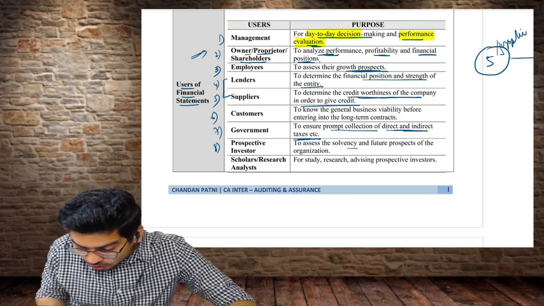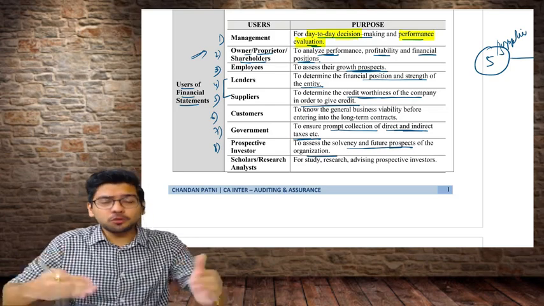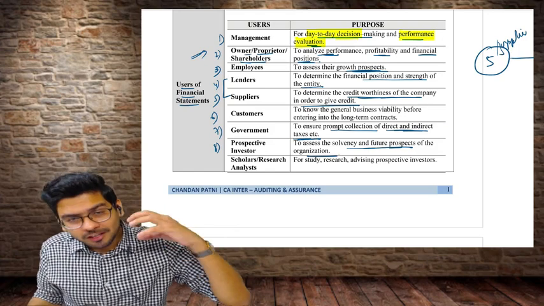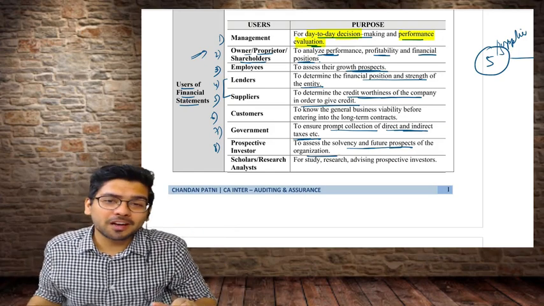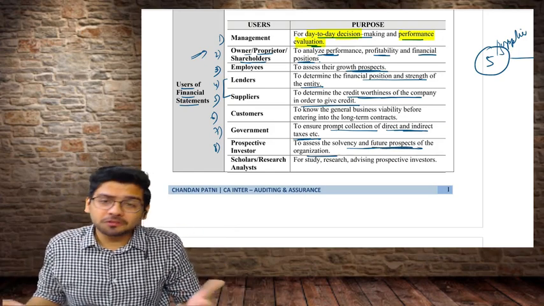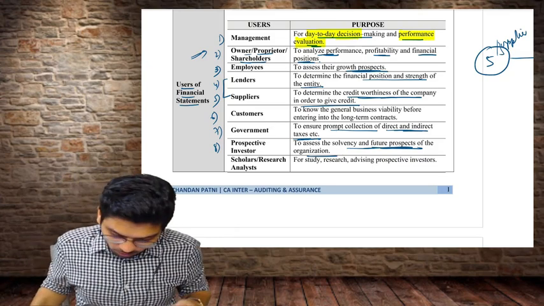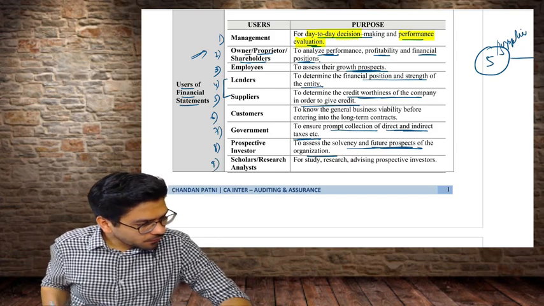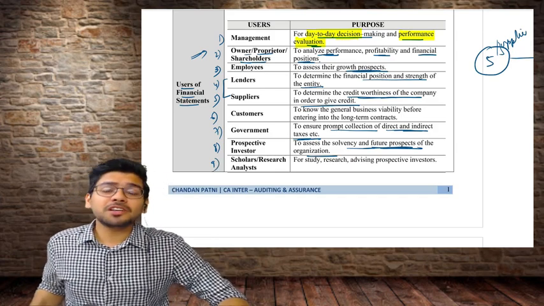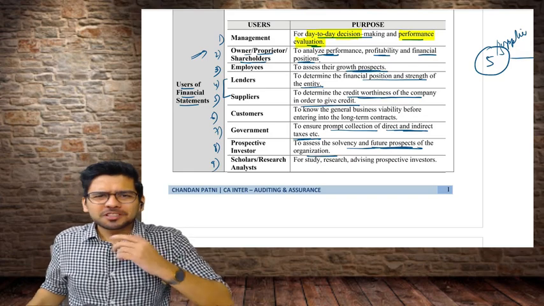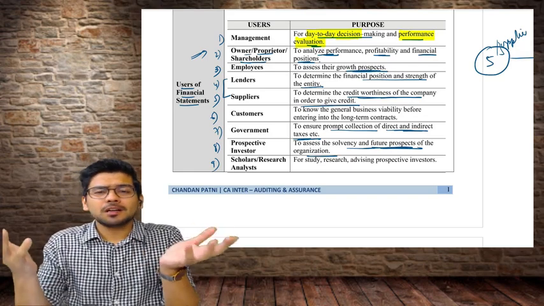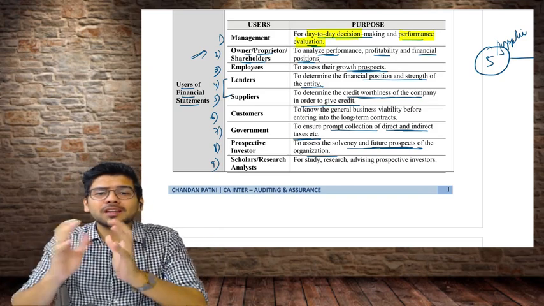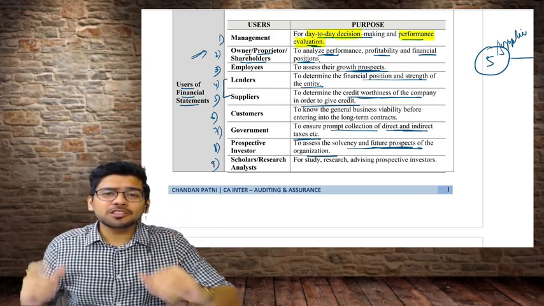To assess the solvency and future prospects of the organization, they use the financial statements to understand whether it is a going concern, the solvency of the company, and the future prospects of the organization. They understand all these aspects using the financial statement. Then we have another point number 9, the scholars and the research analysts. You must have seen in newspapers and some online portals that they compare the financials of two companies.